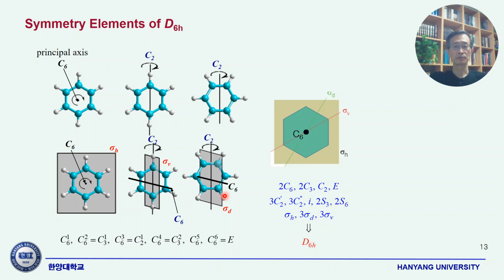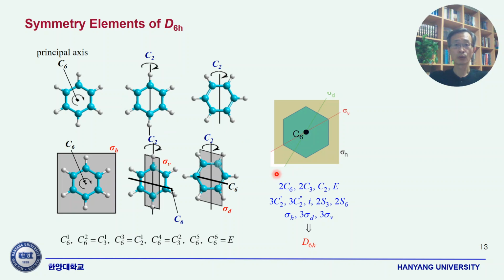And then we have seen sigma d and sigma v in the previous lecture. So three sigma d mirror planes and three sigma v mirror planes. Okay, so these are the symmetry elements of the benzene molecule, C6H6.